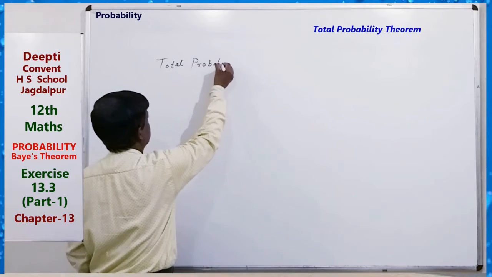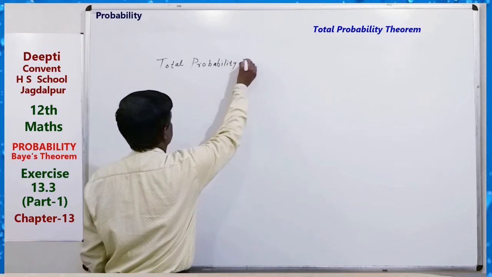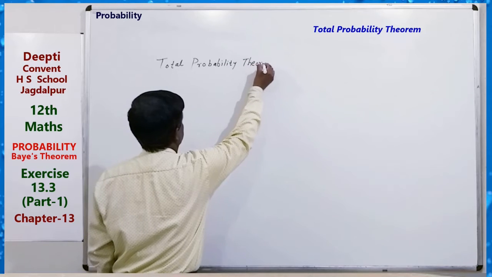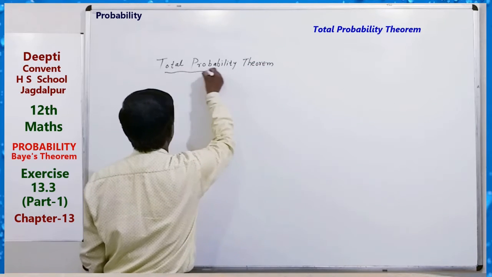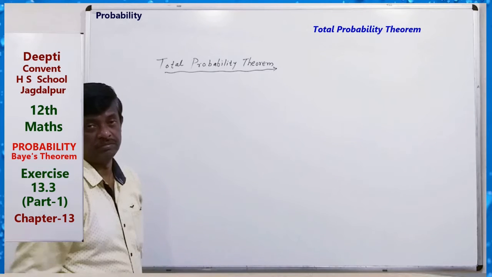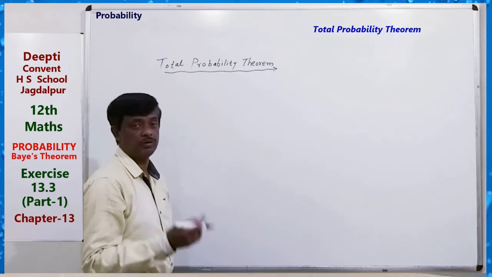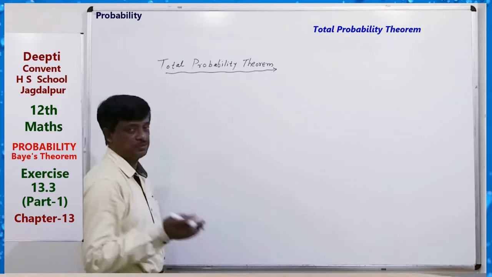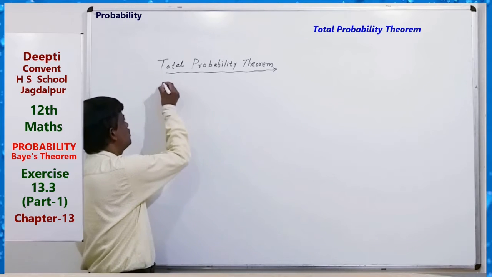Total probability theorem, a theorem on total probability.